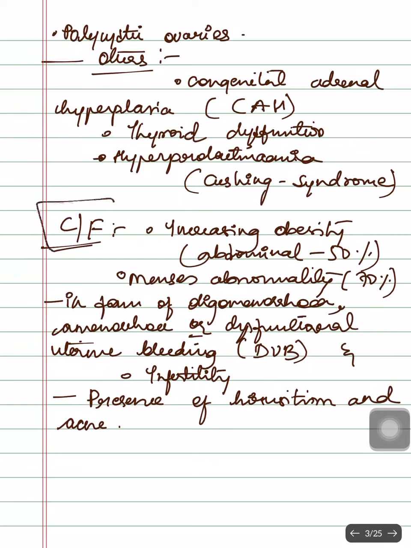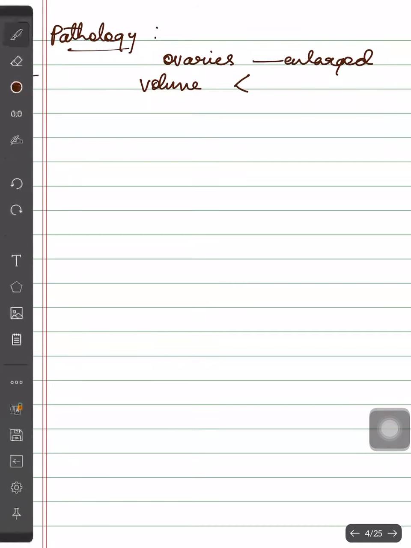Next, coming to the pathology of the PCOS. When you consider the pathology of the ovary, you should know there are cysts present on both of the ovaries, which is bilateral. The ovaries are enlarged.